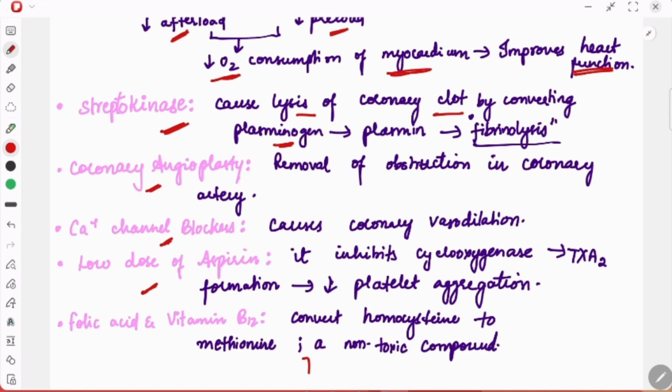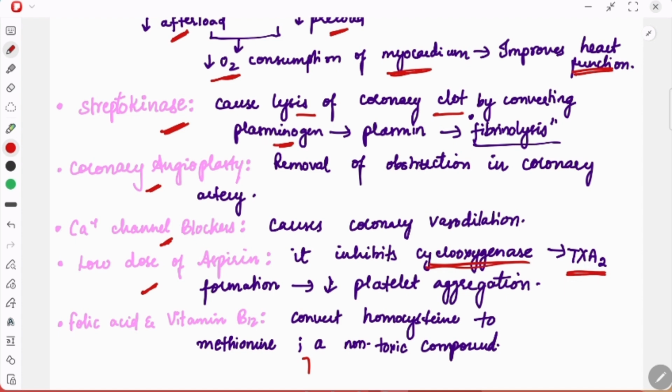What is the physiological basis of giving aspirin in the person suffering from myocardial infarction? This also can be asked as a reasoning question. So this aspirin inhibits the cyclooxygenase, and thereby it leads to decreased formation of TXA2. It is a prostaglandin.